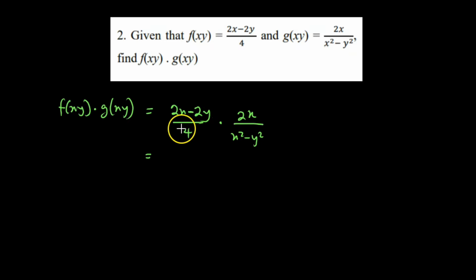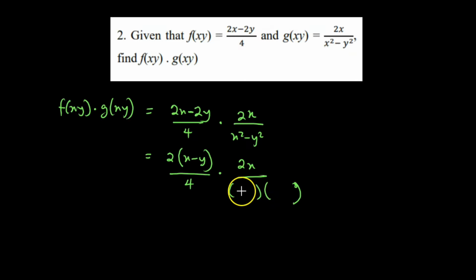So for the numerator, for f of xy, we have a common factor of 2 out into brackets x minus y. Then the denominator still has 4 multiplying 2x all on. Now, if you look at the denominator for g of xy, it is also a difference of 2 squares.